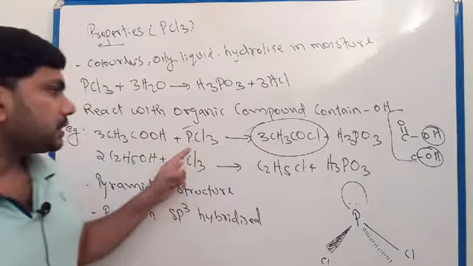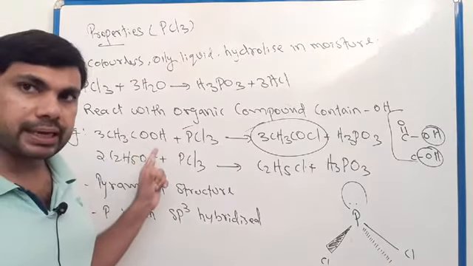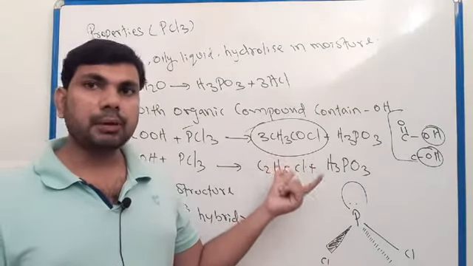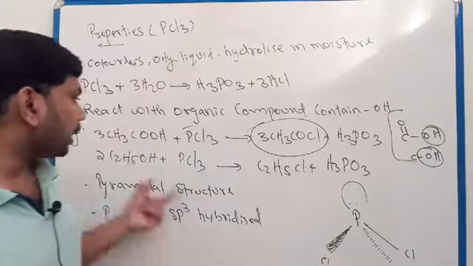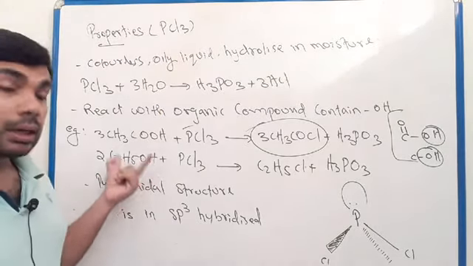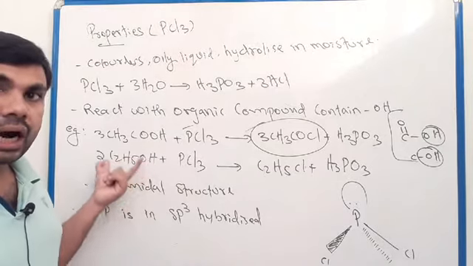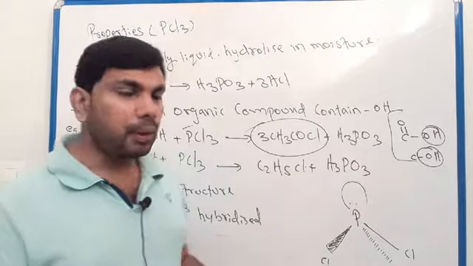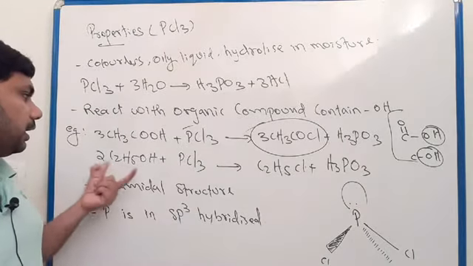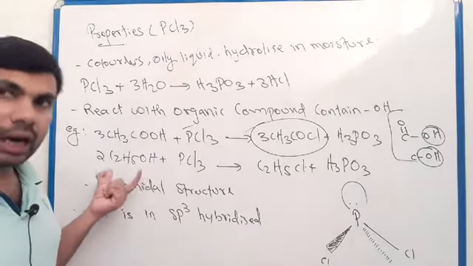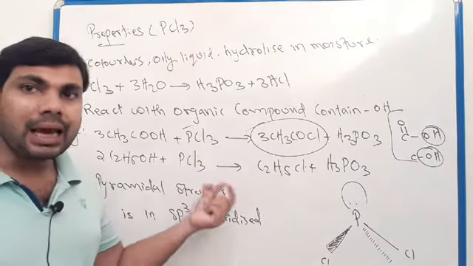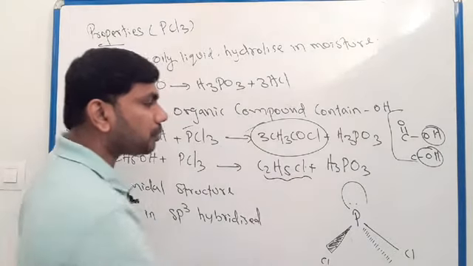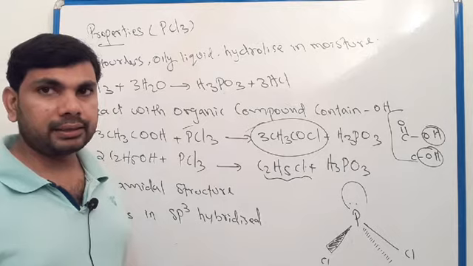Similarly, PCl3 will react with the alcohol, the compound which contains OH, and form alkyl halide. Here C2H5Cl, this type of compounds are called alkyl halide.